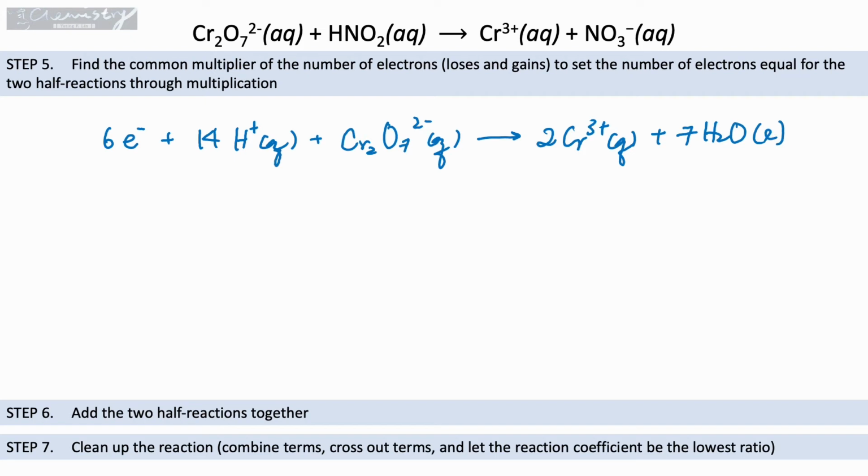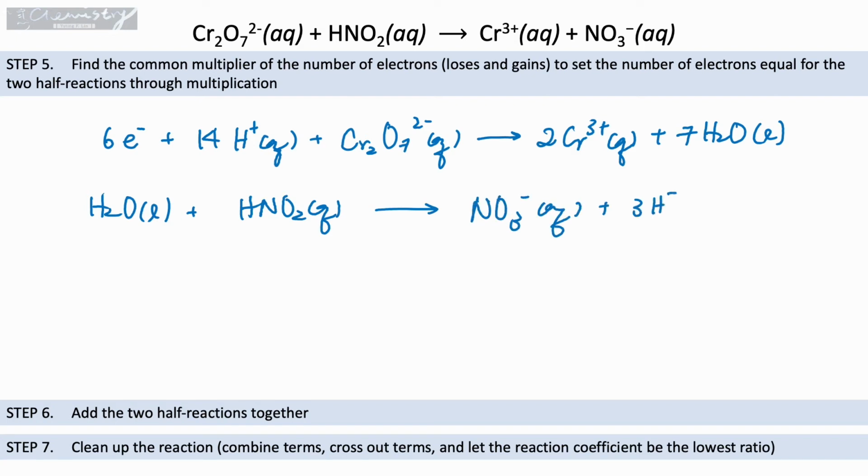And for the second one, what we have is water plus the nitrous acid. And on the right side, we have the nitrate ion plus the 3 protons and then the 2 electrons.